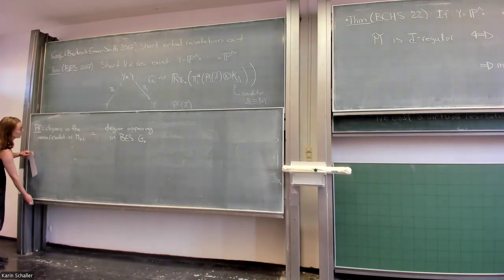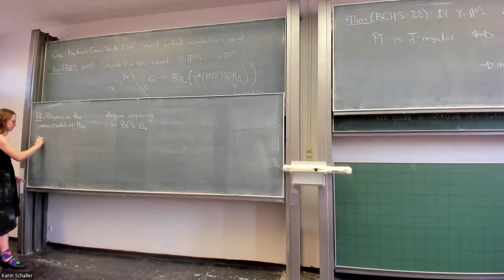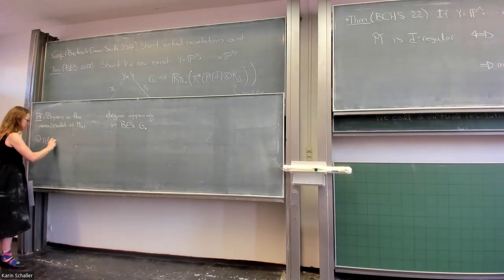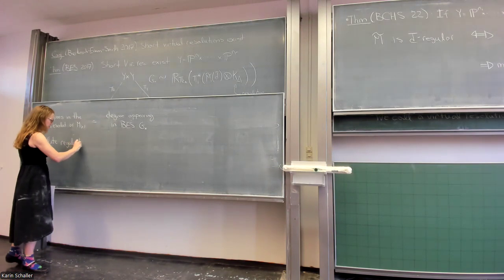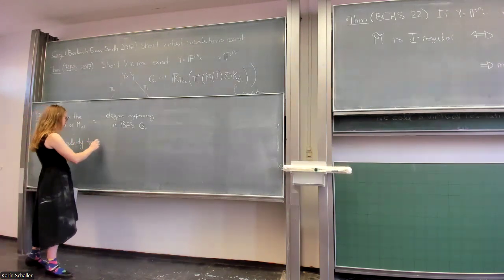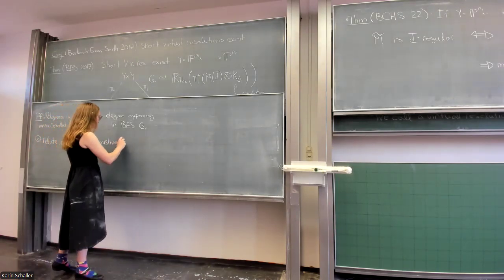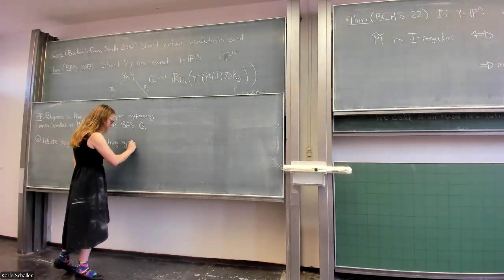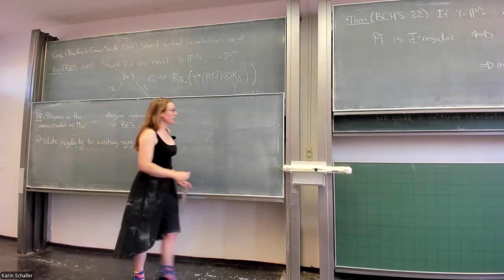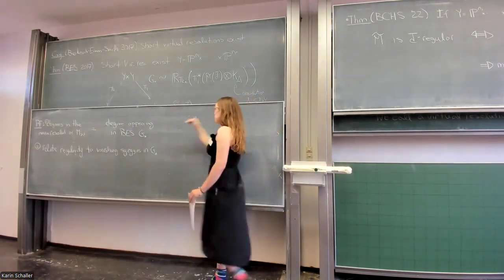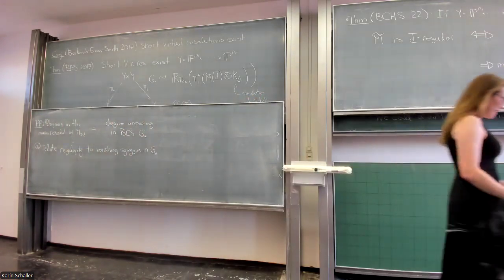And why does this matter? The second step is to relate regularity to vanishing of syzygies of G. And well, remember, regularity is defined in terms of some cohomology vanishing.